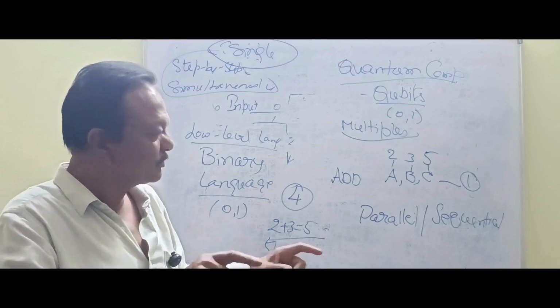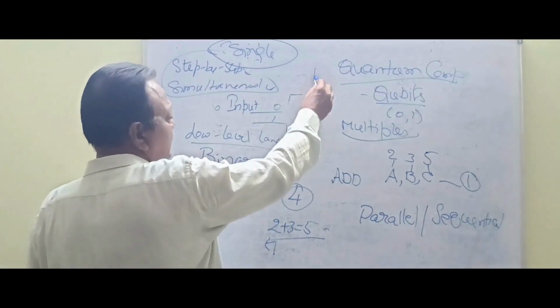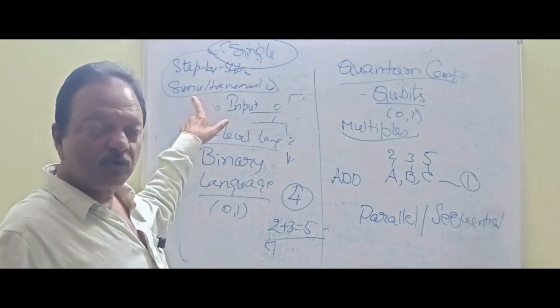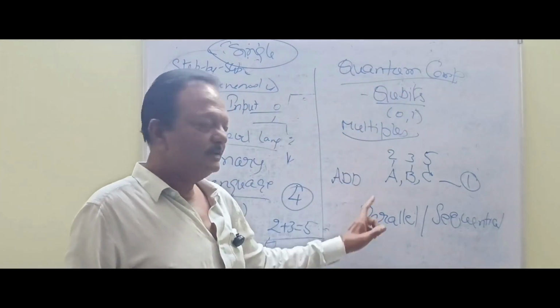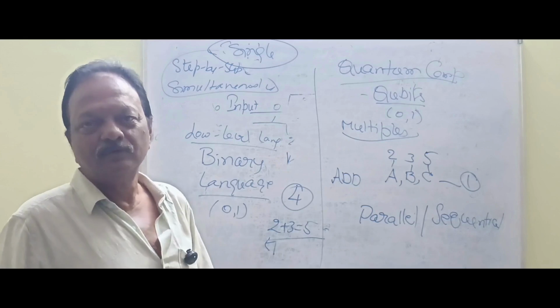Understood? That is the main concept you remember in this. Classical computer is a step by step process, quantum computer is a parallel process. Hope you understood.